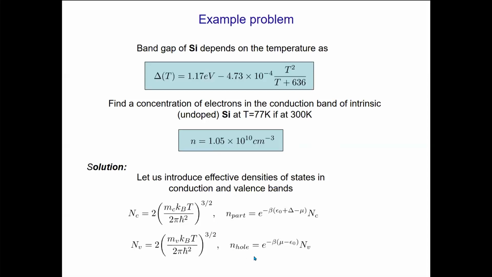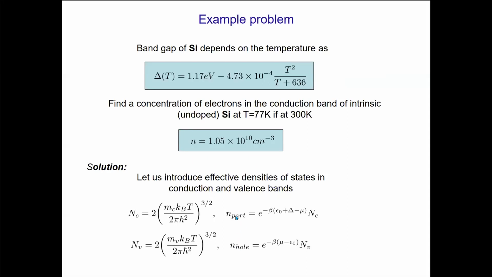Now we expect that the number of particles should be approximately equal to the number of holes. If we assume that as we increase temperature, all holes are formed as a result of jumping fermions, we expect that as many fermions left, that many holes were created. So this should be approximately equal.